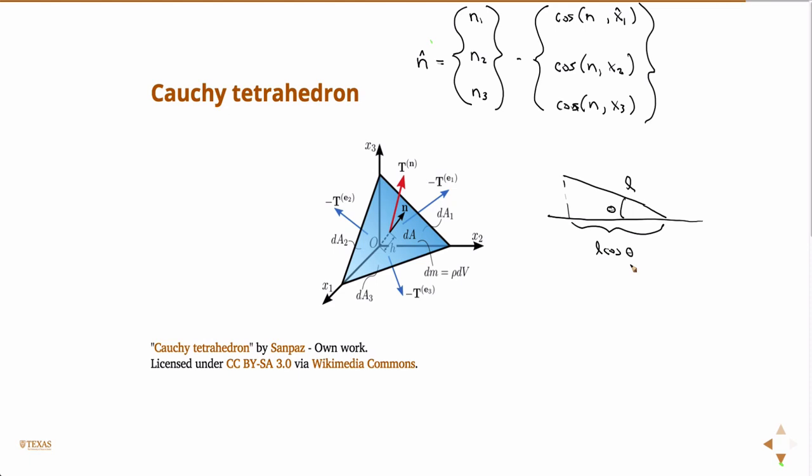If I take this line and extend it into a plane in space, and then I want to project that down onto another plane, where the projection would be like this, the projected area would be down here.